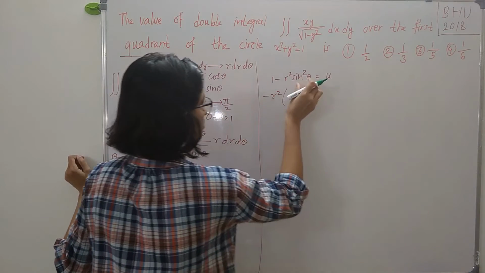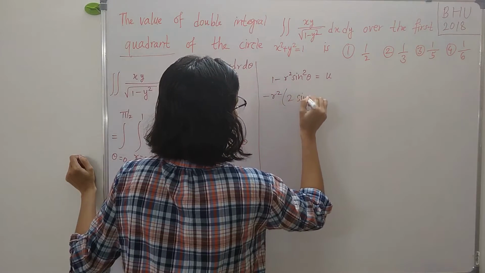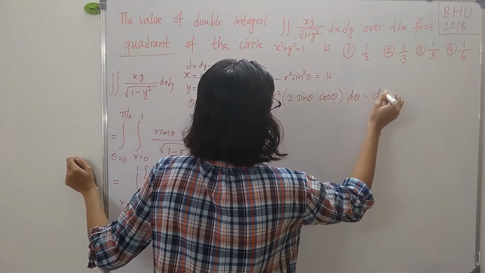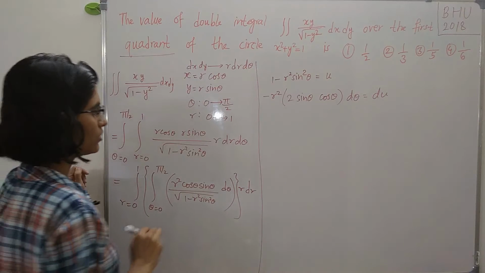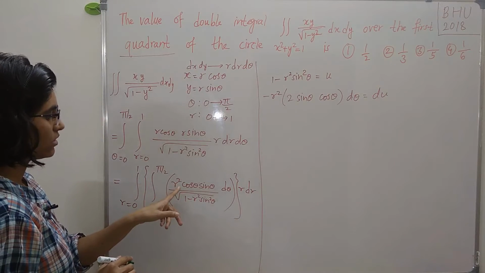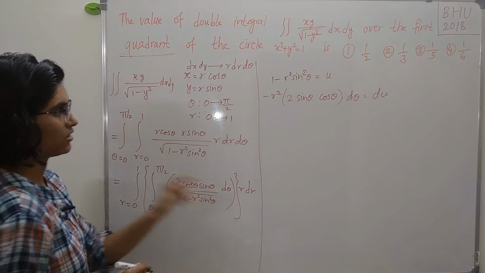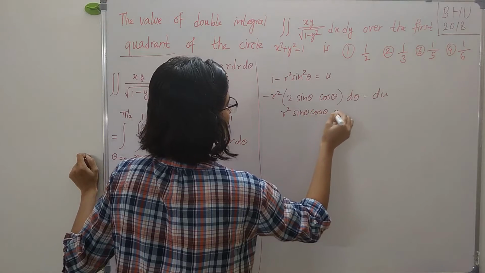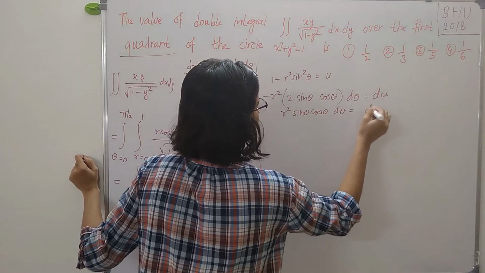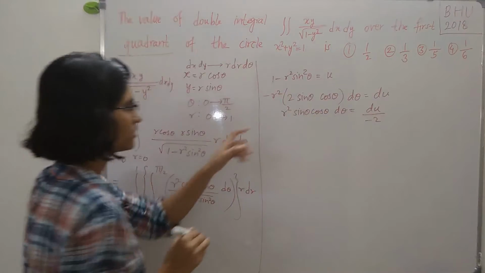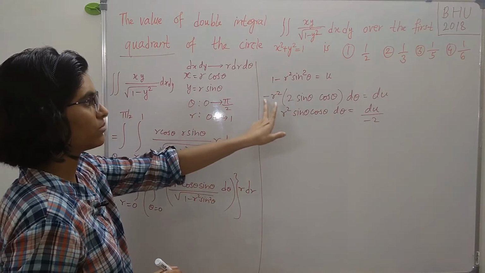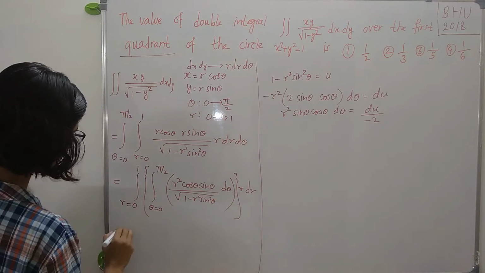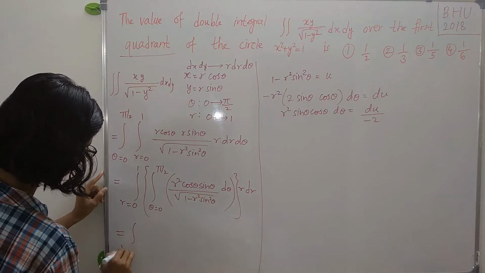Now differentiate this, so this is 2 sin theta cos theta d theta is equal to du, right? Now let us look here. We have this r square cos theta sin theta d theta. So from here r square sin theta cos theta d theta is equal to du by minus 2, right? So this integration is just equal to r as it is, 0 to 1.